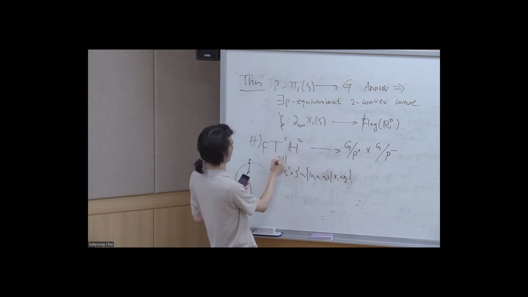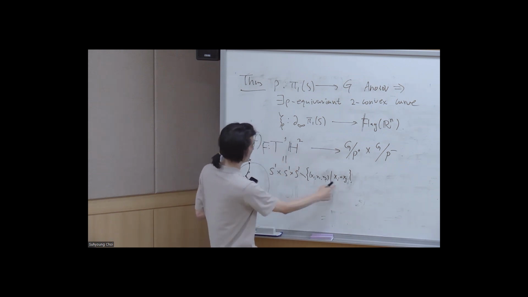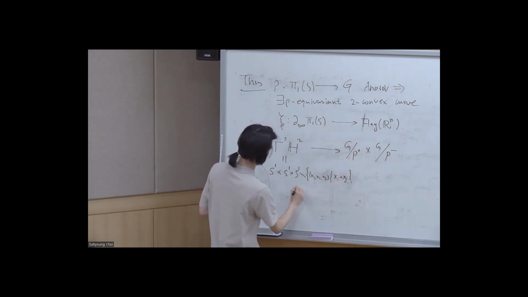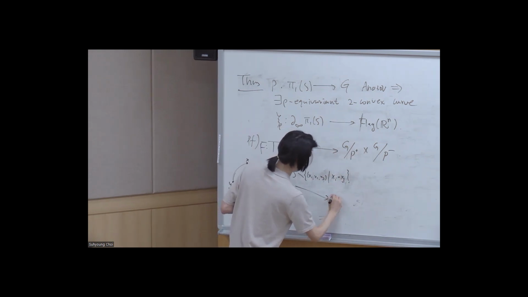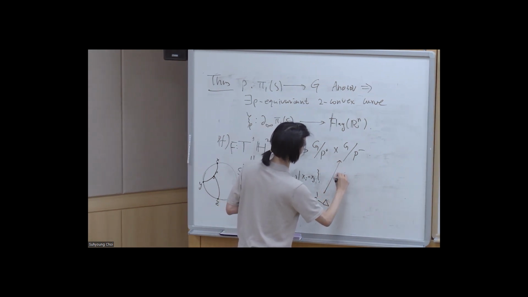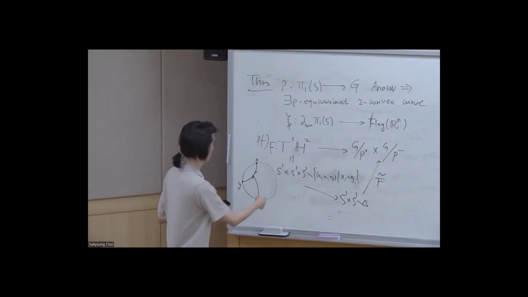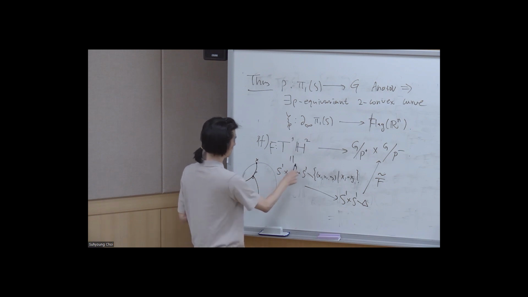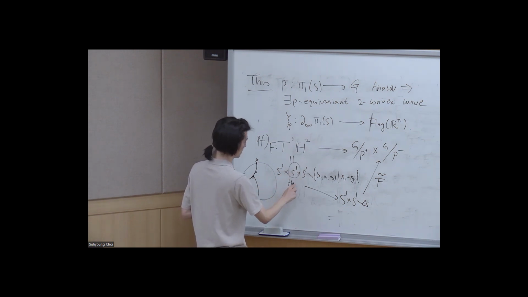So even though we have a map from this space into this space, it factors through S1 times S1 minus the diagonal. Let's say this is F tilde. We just ignore the flow part, the middle part. This is the flow direction.